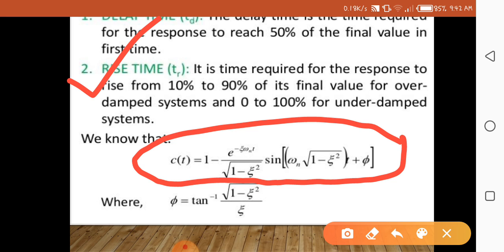Here zeta is sometimes also represented as delta. The value of φ is equal to tan⁻¹(√(1 - ζ²) / ζ).